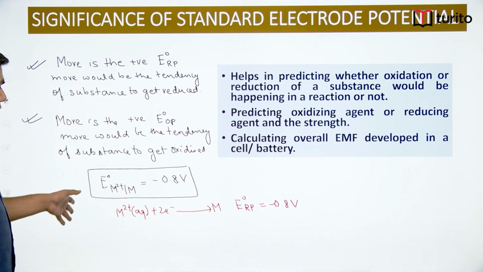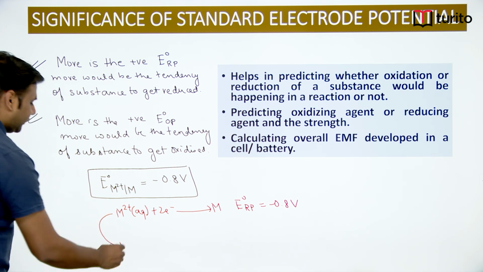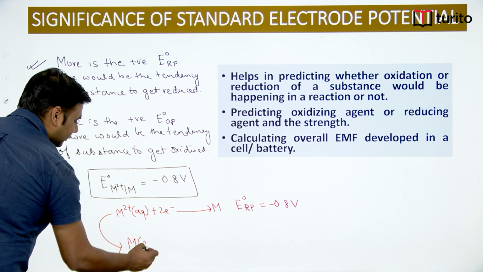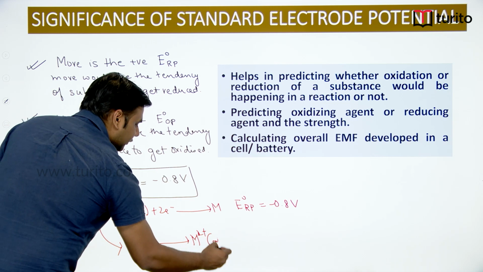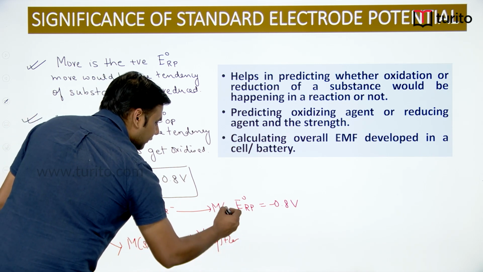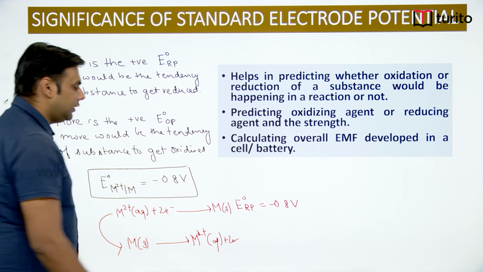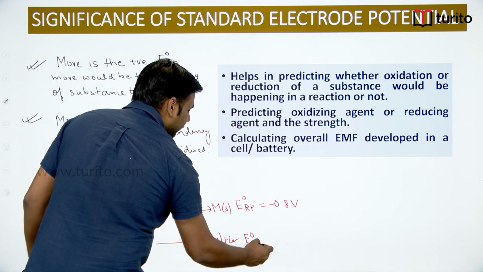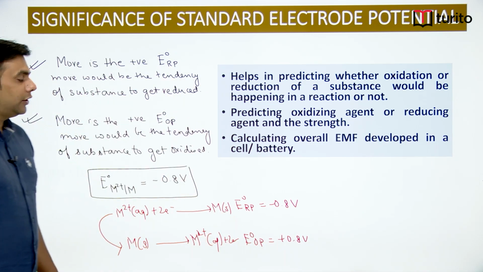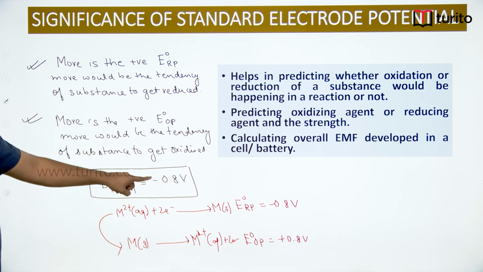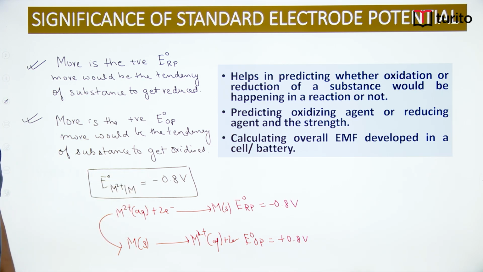Now if we reverse this reaction, this would become metal solid changing into M2 plus aqueous plus 2 electrons. This is the reverse of reduction, so it would become oxidation. So the oxidation potential of this would become plus 0.8 volt. The reduction potential is minus 0.8, which means that the oxidation potential of the metal is 0.8.